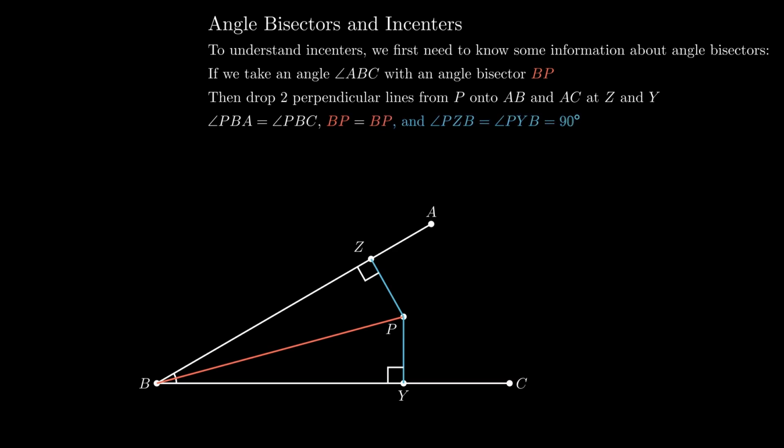And angle PZB is equal to PYB, since they're both 90 degrees. So both of these triangles, BZP and triangle BYP, are congruent by angle-angle-side. Therefore, PZ is equal to PY, and an angle bisector is the locus of all points equidistant from its sides.